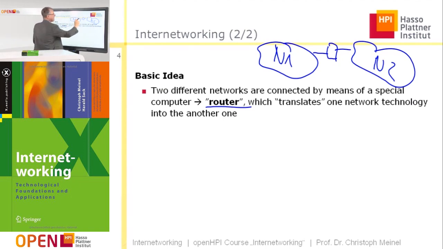And this system translates packet sizes, addresses which are valid in one network into those which are valid in another network. In this way, the packets are transported according to this technology through N1, and if the packet needs to be sent to N2, then the router receives this. The router completely understands the technology of N1 and translates all the parameters into those parameters that are valid in network N2.